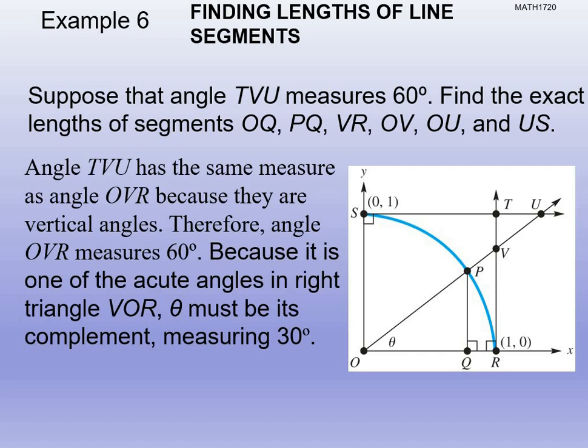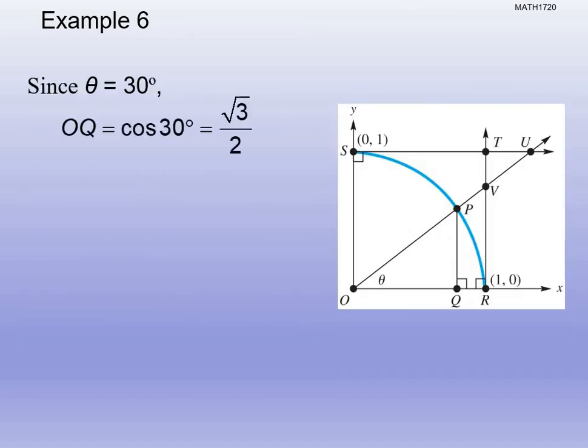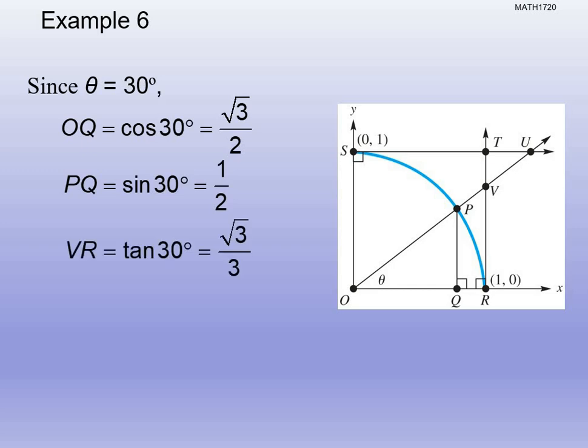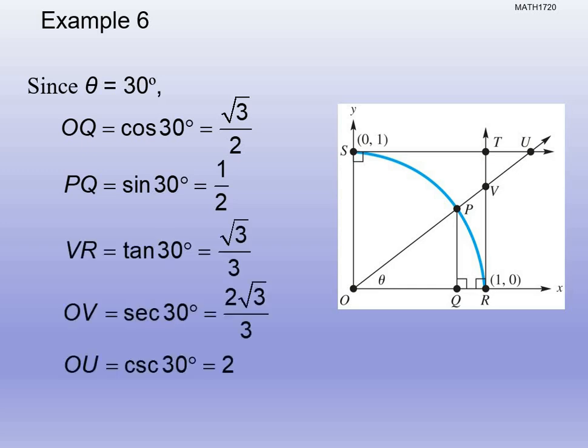Now all I have to do is go back to the chart on the previous slide and put in all my solutions. So OQ is cosine of 30, PQ is sine of 30, VR is tangent of 30. These all come off the unit circle and off the table that we just had before.